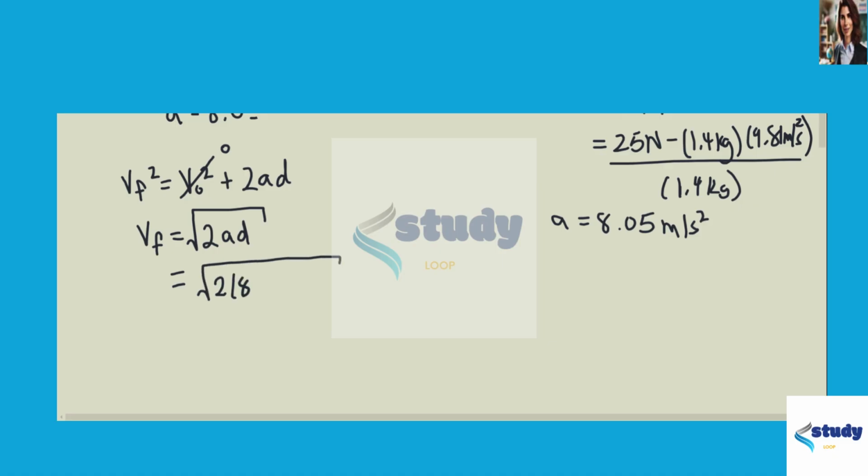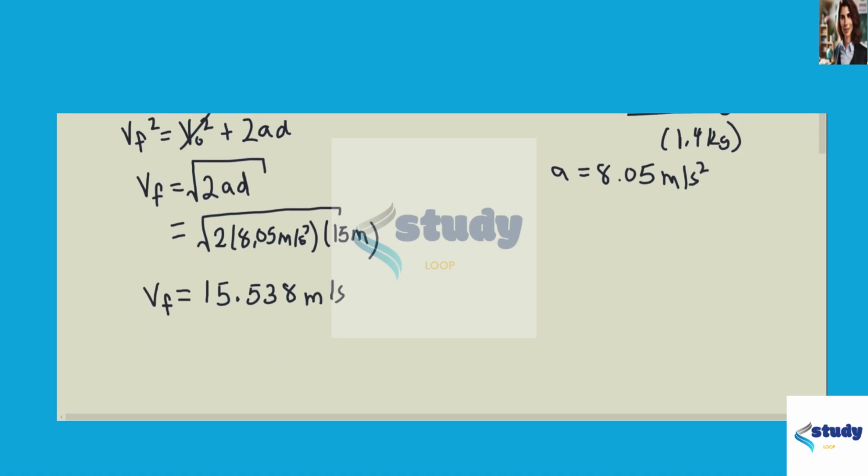So 2, 8.05, and 15 meters. Okay, and the final answer that we get there is going to be 15.538. Or if we round and keep the appropriate number of significant figures, which in this case would be 2, that would technically be 16 meters per second.